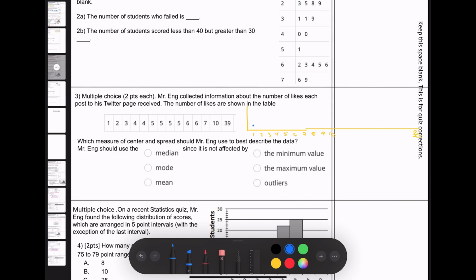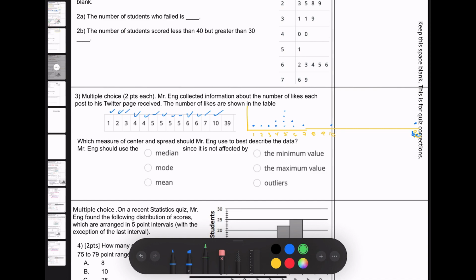So I have 1, 2, 3, 4, 4. 1, 2, 3, 4. 6, 6, 7, 10, and then that should be 40. Something way out here, right?